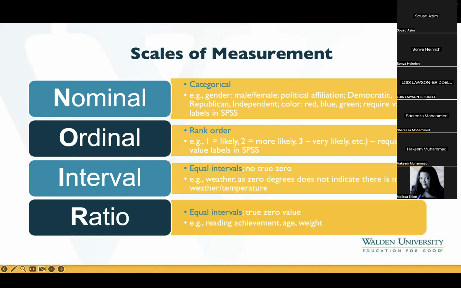So, for example, if you were putting gender in the data set, you're not going to put a number like 8 or 9 or 10. You will assign a number, but that number that you assign represents a category. So, for example, in SPSS, you might tell it, where there's a male, enter a 0. Where there's a female, enter a 1. So even though we've given them numbers, they represent a category.